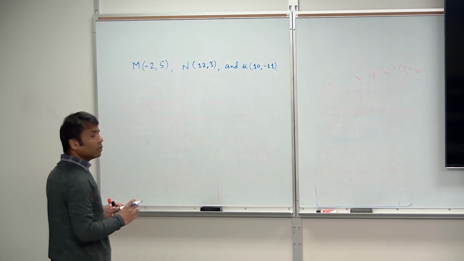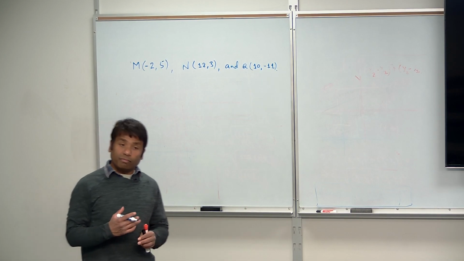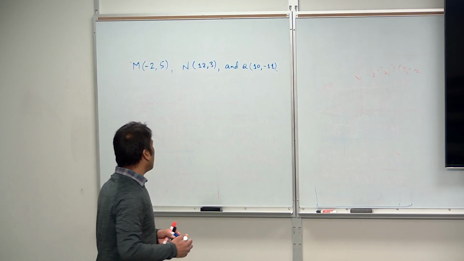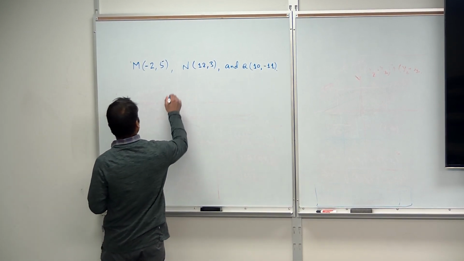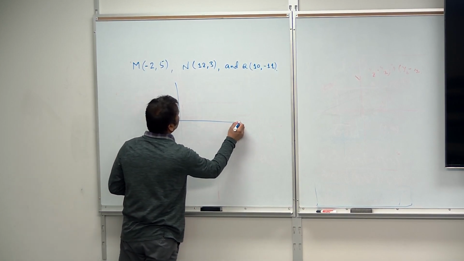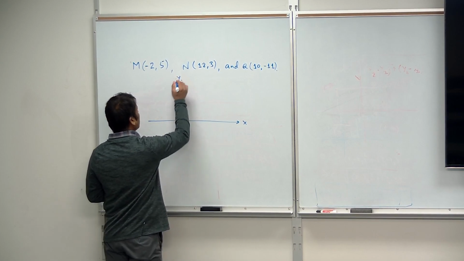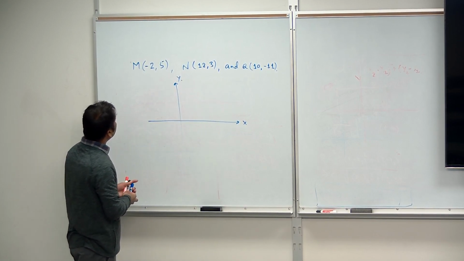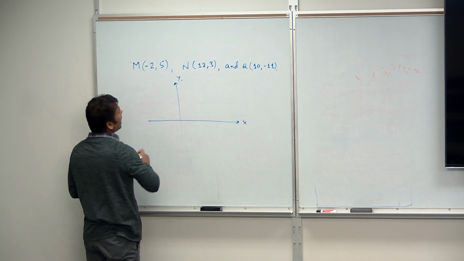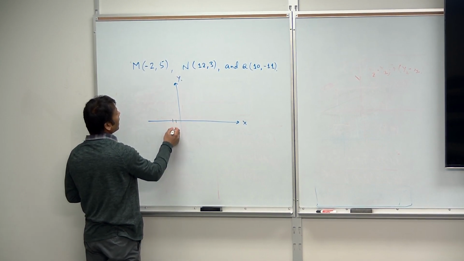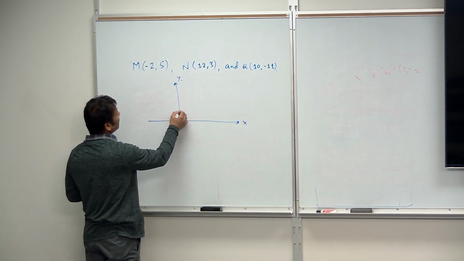So you just find the distance between M and N. Let me show you the rough figure here. It looks like this, guys. This is your x-axis, this is your y-axis. Your M is (-2, 5), so negative 2, comma 5: 1, 2, 3, 4, 5.